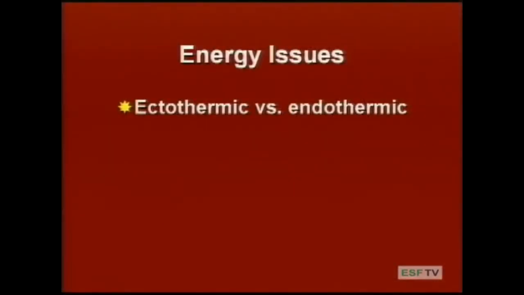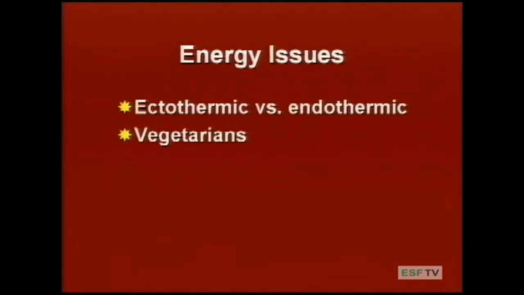Okay. Now, another energy issue we can look at is vegetarians. I get a lot of vegetarians in my classes, and you could argue that being a vegetarian from an energy perspective is more beneficial.